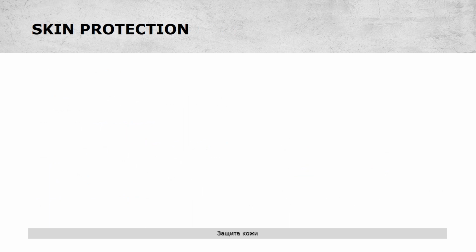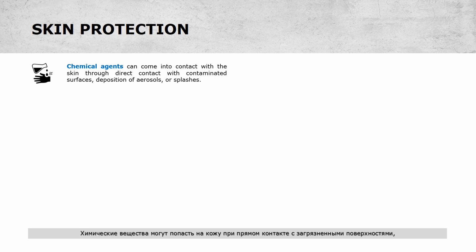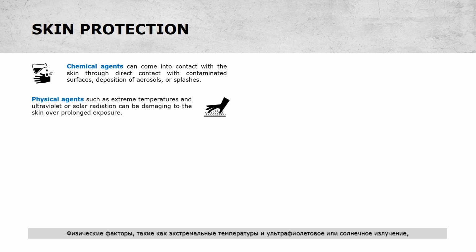Skin protection. Chemical agents can come into contact with the skin through direct contact with contaminated surfaces, deposition of aerosols, or splashes. Physical agents such as extreme temperatures and ultraviolet or solar radiation can be damaging to the skin over prolonged exposure.